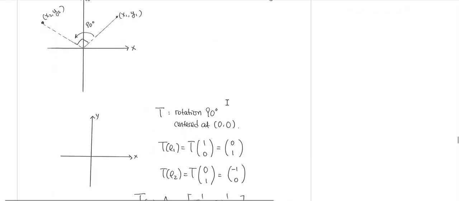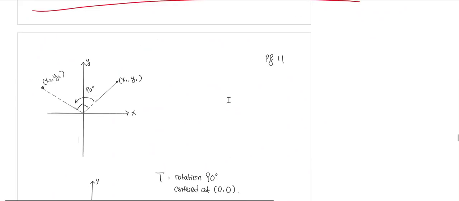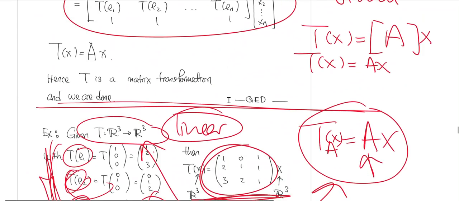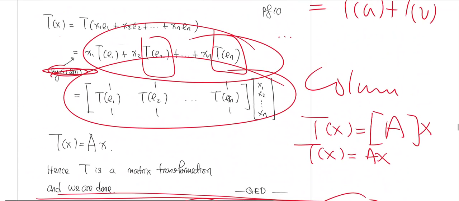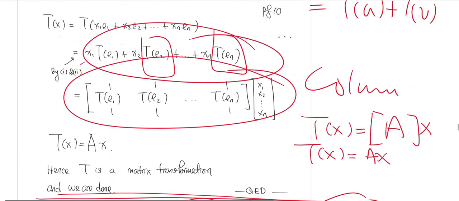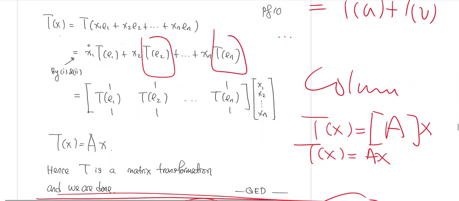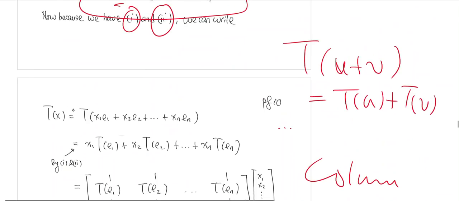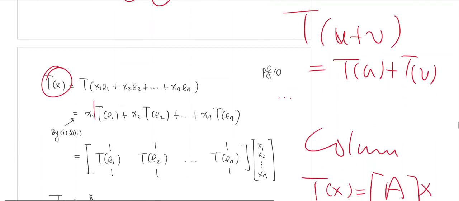You actually only need to know what happens to T(e1) and T(e2). As you can see in the proof, it's hidden in the proof. Suppose we have a transformation and we don't know what it is.